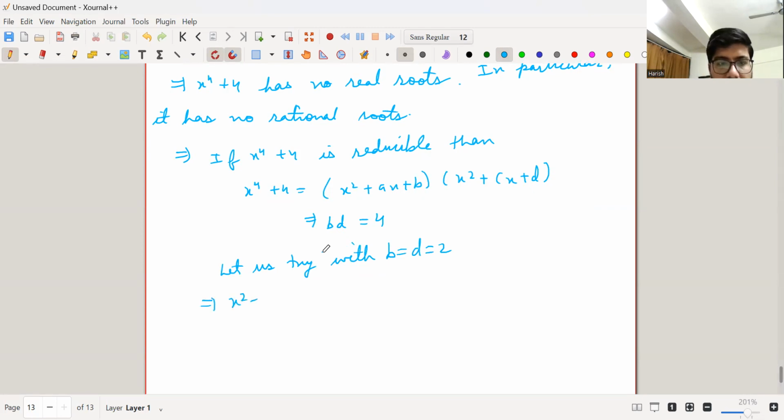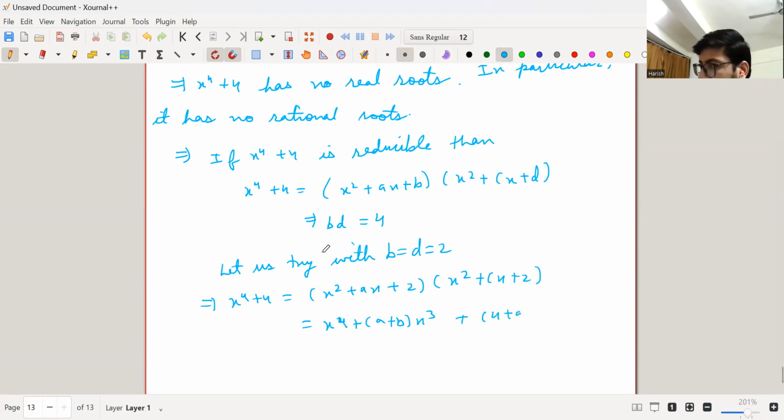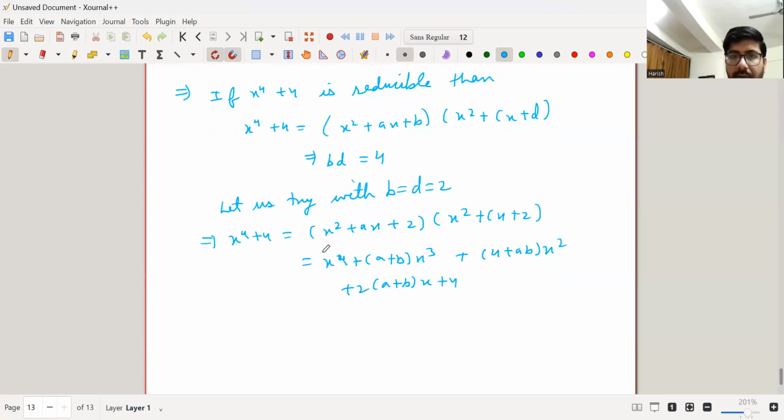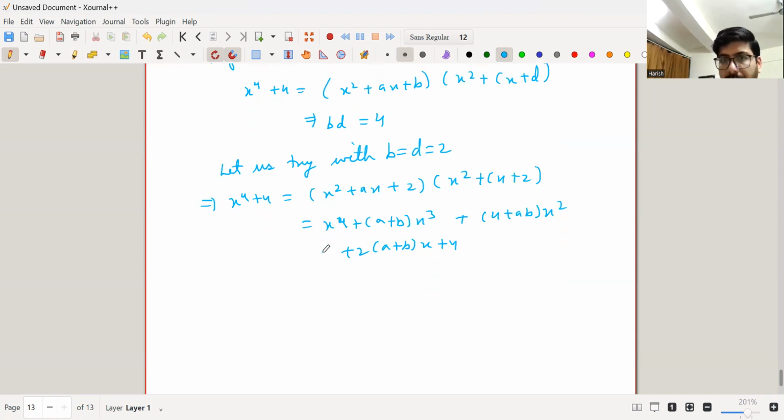And that is, again the same mistake, x^4 + 4 is (x^2 + ax + 2)(x^2 + cx + 2), and this is x^4 + (a + c)x^3 + (4 + ac)x^2 + 2(a + c)x + 4.